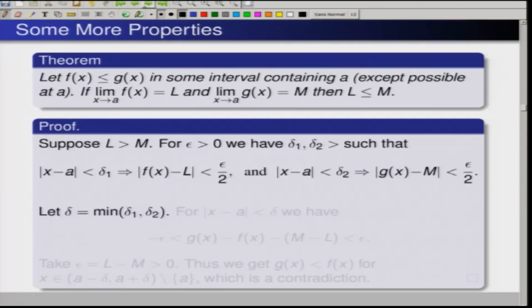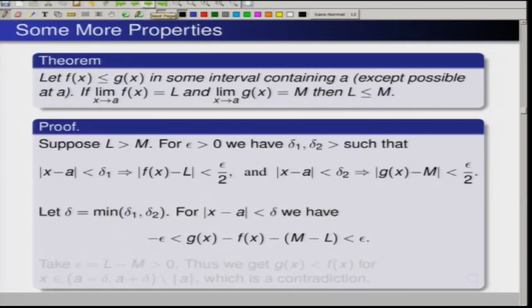Now, again the same thing, we take the minimum of delta 1 and delta 2. Here this is a minus delta 1, this is a plus delta 1, delta 2 is here, let us say, and we are taking delta to be the minimum of these. Now, for mod x minus a less than delta, from these two equations, x minus a is less than delta 1 as well as less than delta 2.